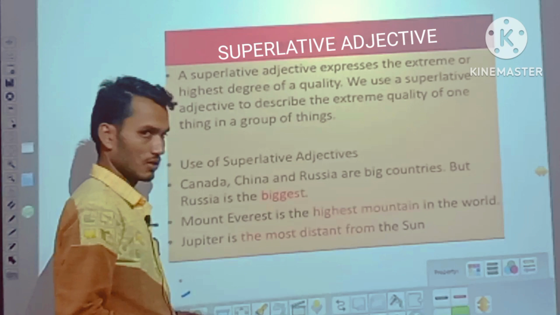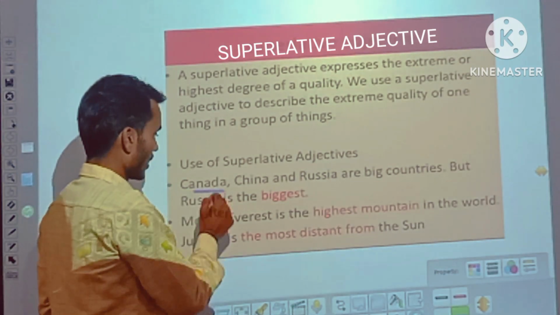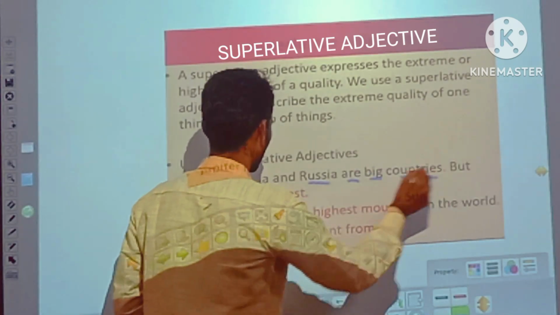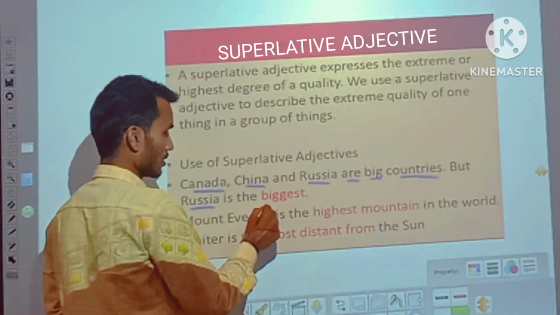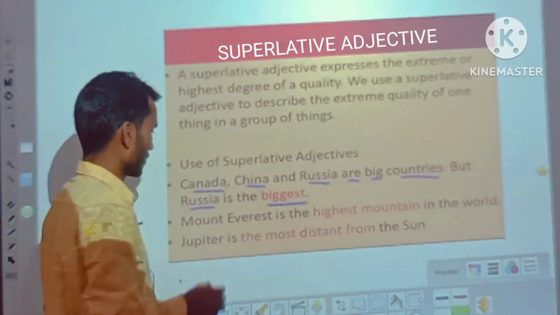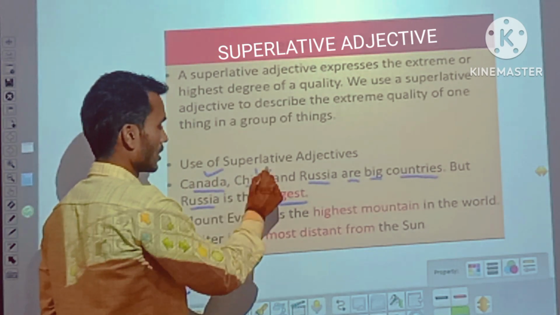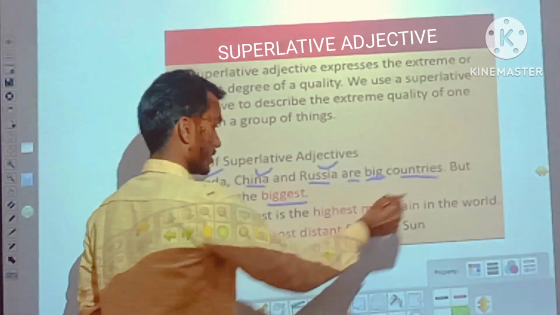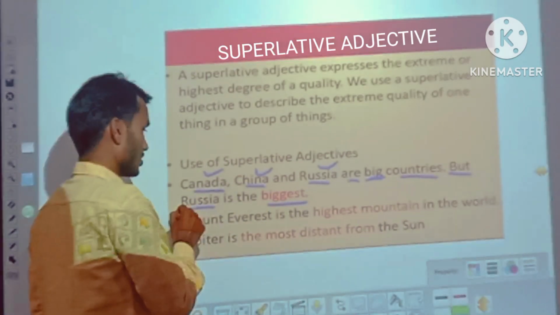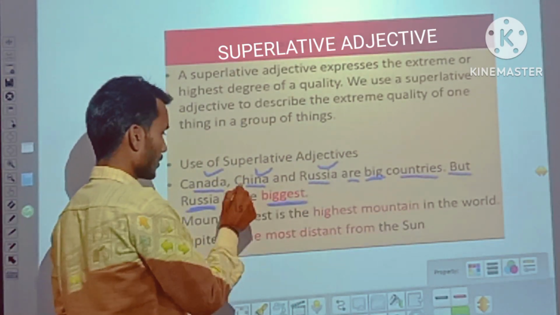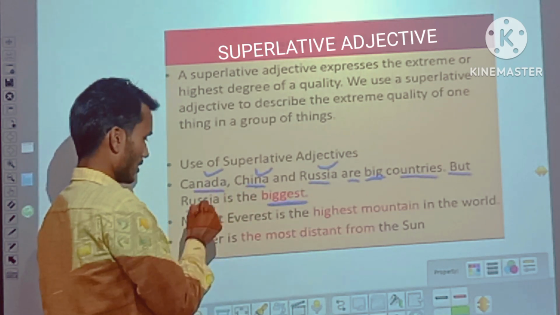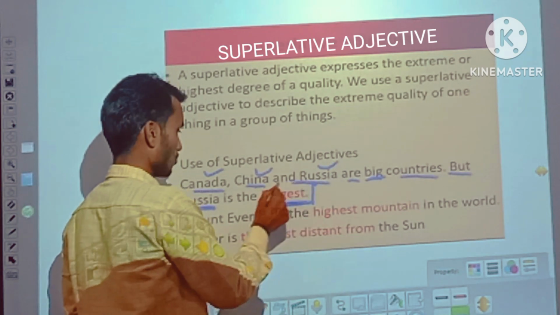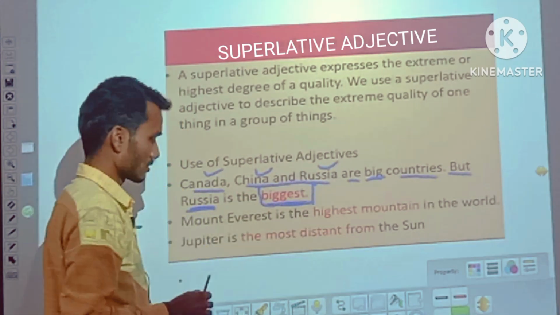See here, Canada, China and Russia are big countries, but Russia is the biggest compared to China and Canada. Here, biggest is a superlative adjective.